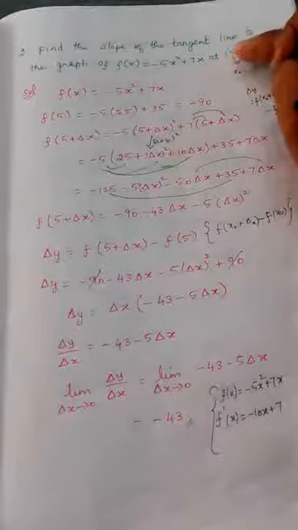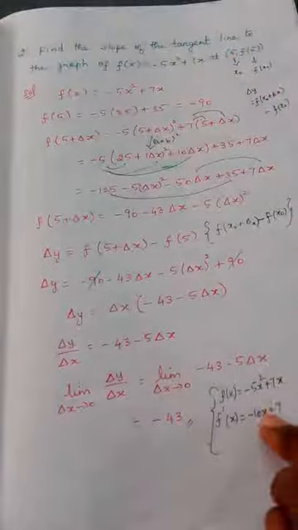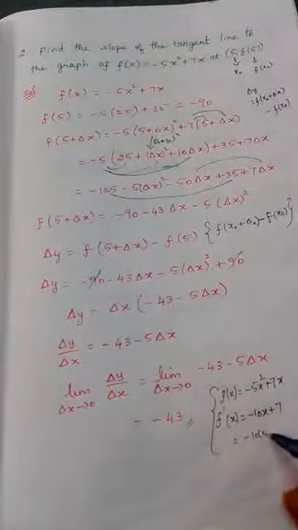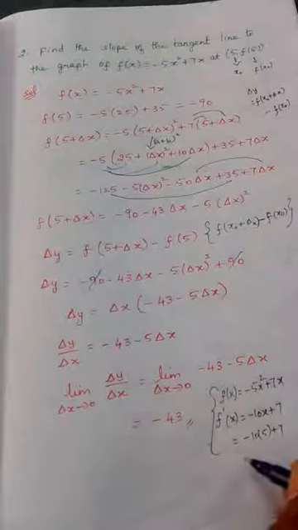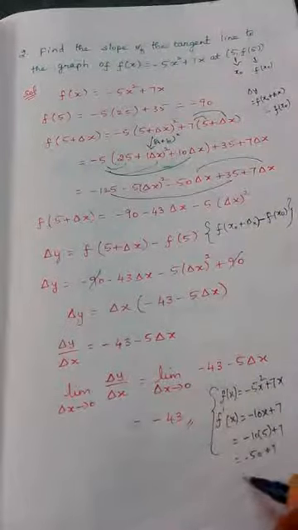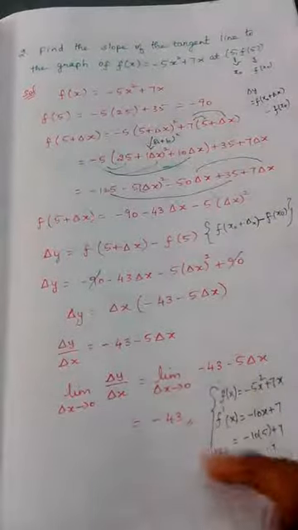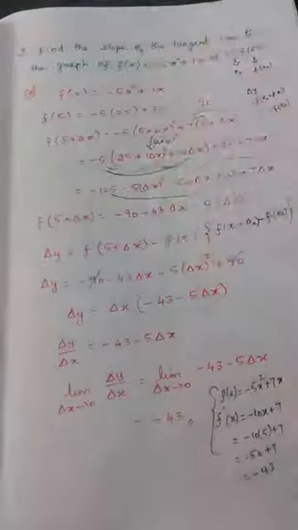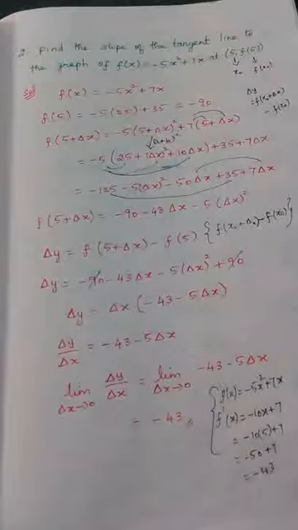So substitute 5 in place of x. So minus 10 into 5 plus 7, minus 50 plus 7, minus 43, which is this answer. So the first derivative and the slope of the tangent line are equal. Again we have proved that. We'll go for the next one.